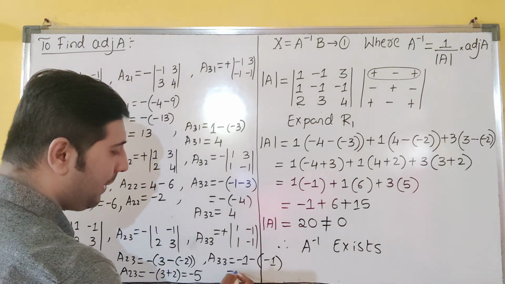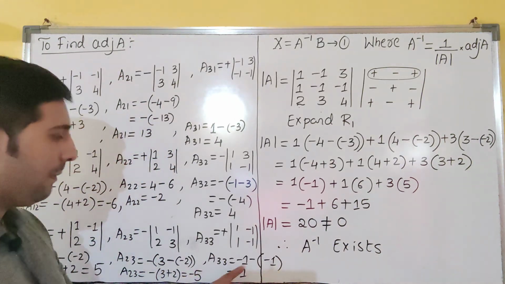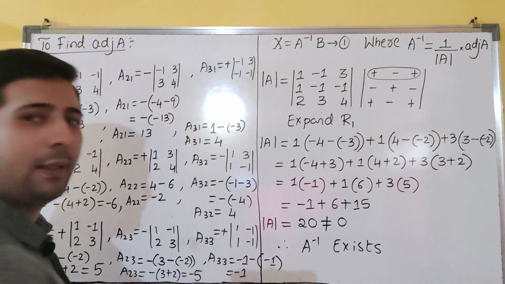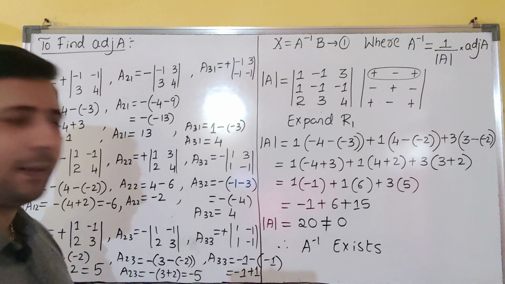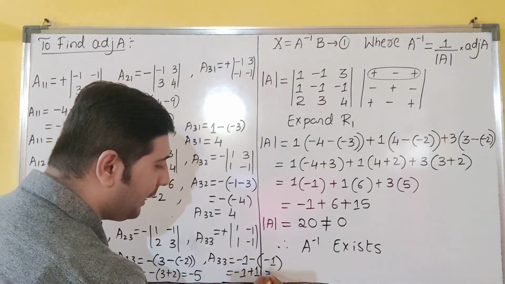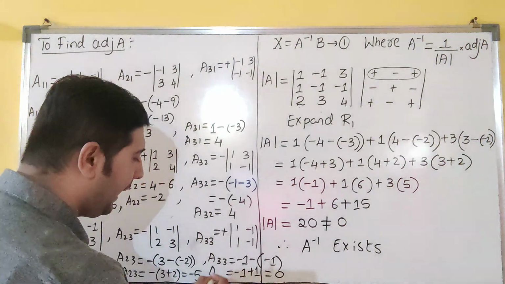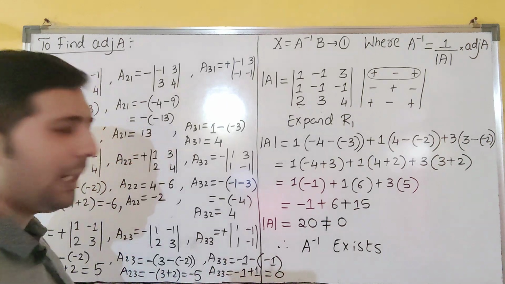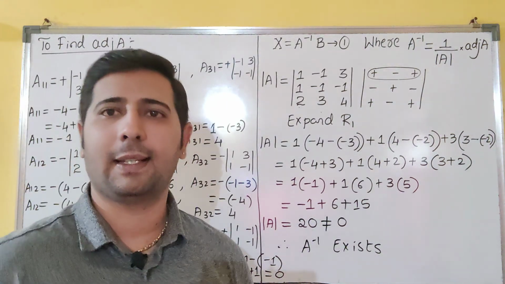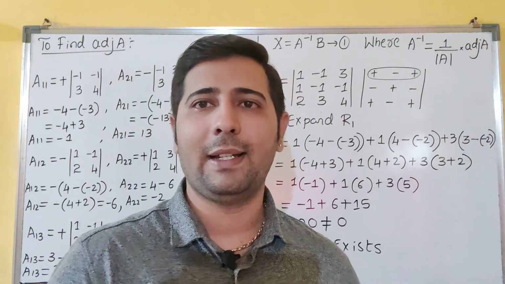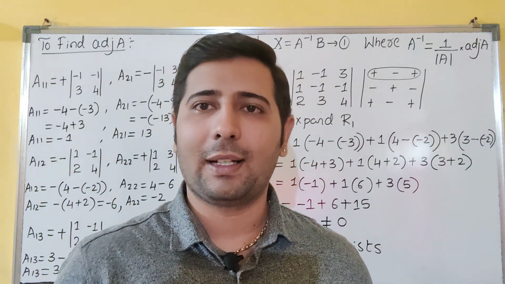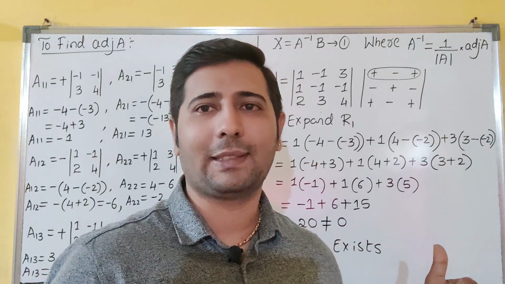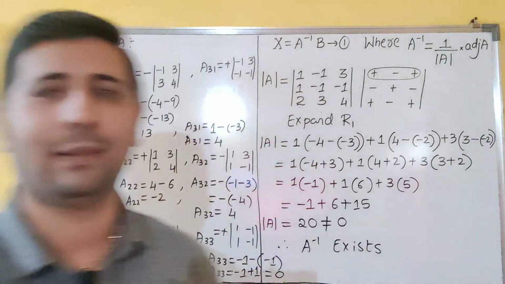So this will come as minus 1, minus into minus, that is plus 1. Plus 1 and minus 1 is equal to how much? 0. A33 value is equal to 0, dear students. I hope it is clear how to find the adjoint of A. I mean the cofactors we are saying. Clear everyone? So please copy this side. We'll continue the answer. Please copy.